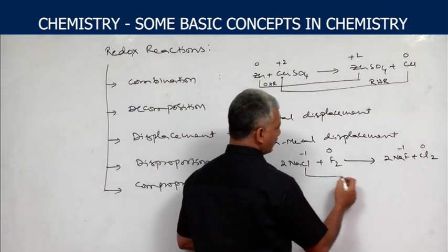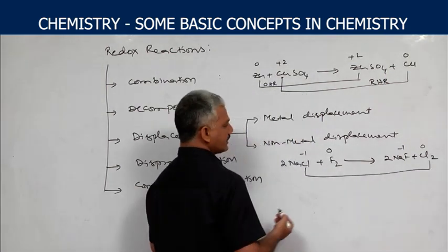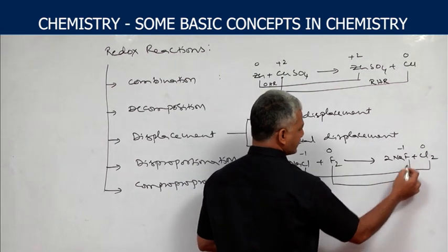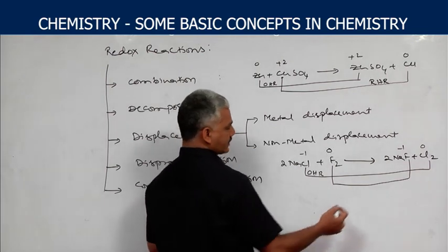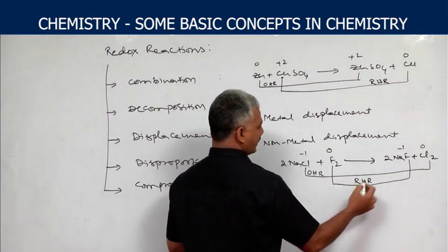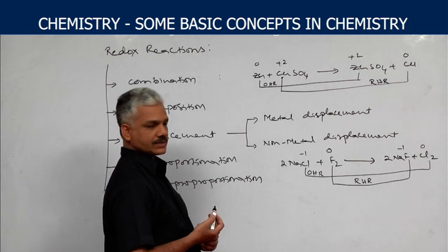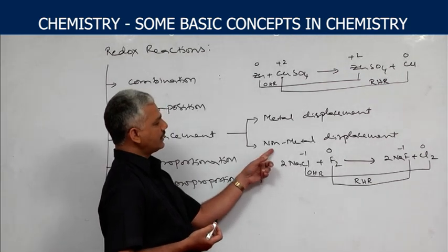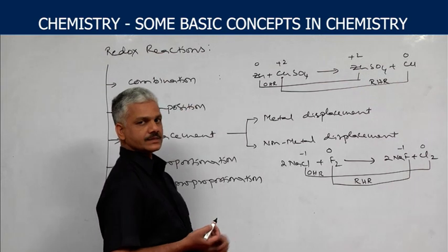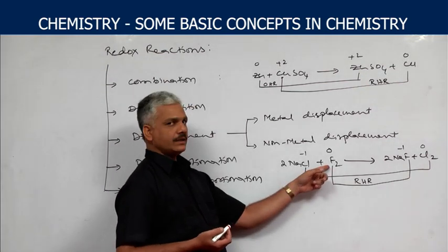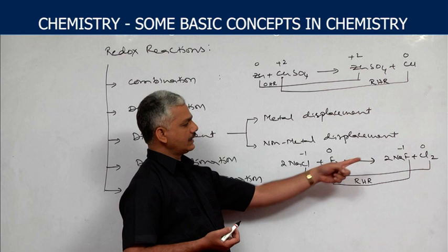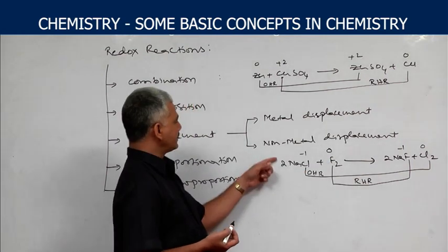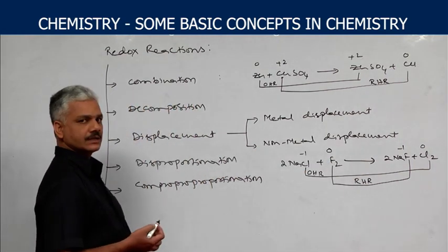So here chlorine's oxidation state is increasing whereas fluorine's oxidation state is decreasing. This part of the reaction is the oxidation half reaction, and this part is the reduction half reaction. This is an example for non-metal displacement redox reaction. Here fluorine is more electronegative than chlorine, hence it can displace chlorine from its compound in the form of chlorine gas.